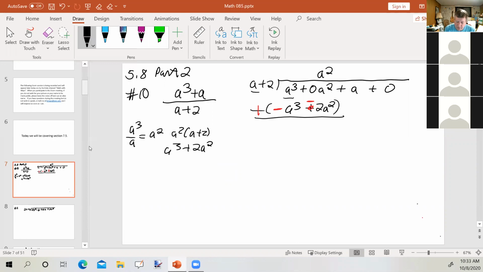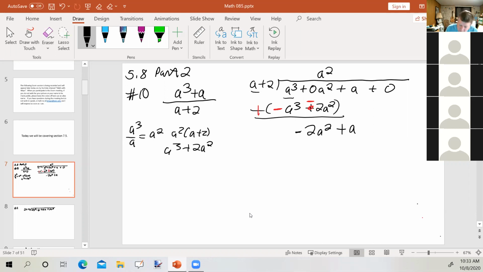Adding up the columns, a cubed plus negative a cubed is 0a cubed. 0a squared plus negative 2a squared is negative 2a squared. Continuing on, I will bring down the next term, which is an a, and start the process all over.